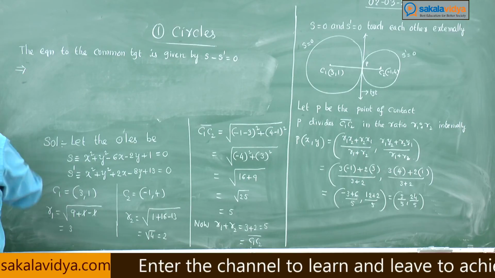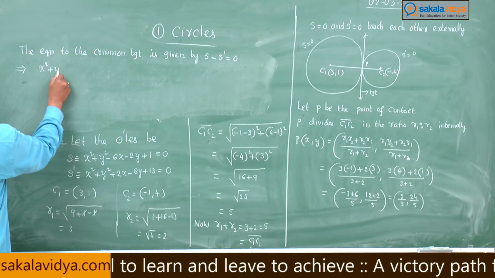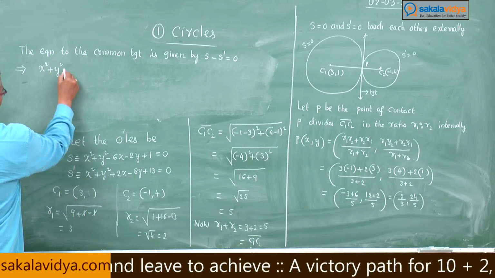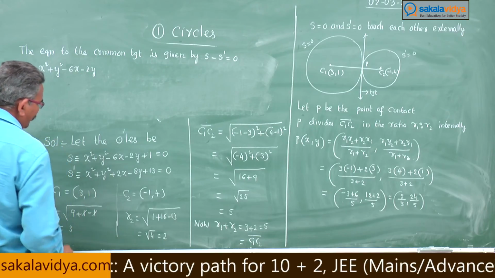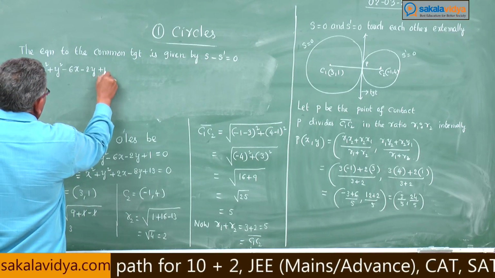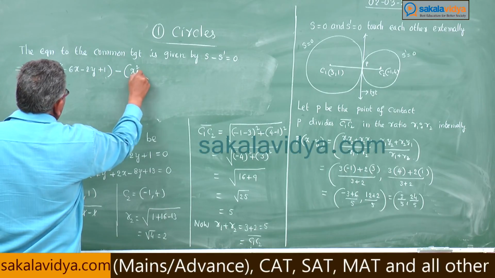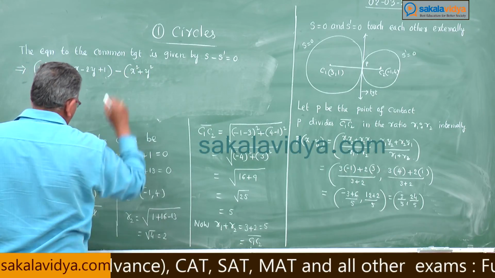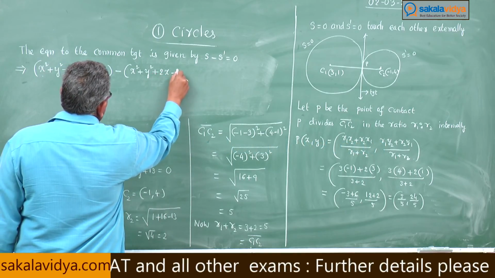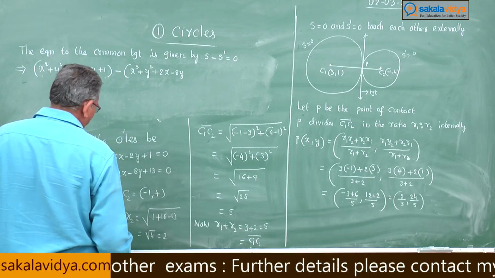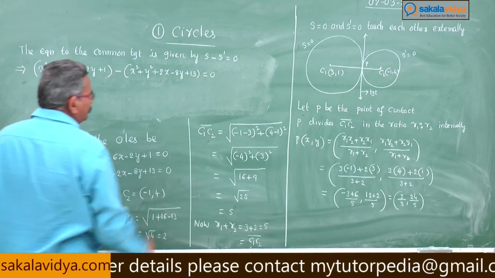That implies x square plus y square minus 6x minus 2y plus 1, and minus x square plus y square plus 2x minus 8y plus 13 equal to 0.